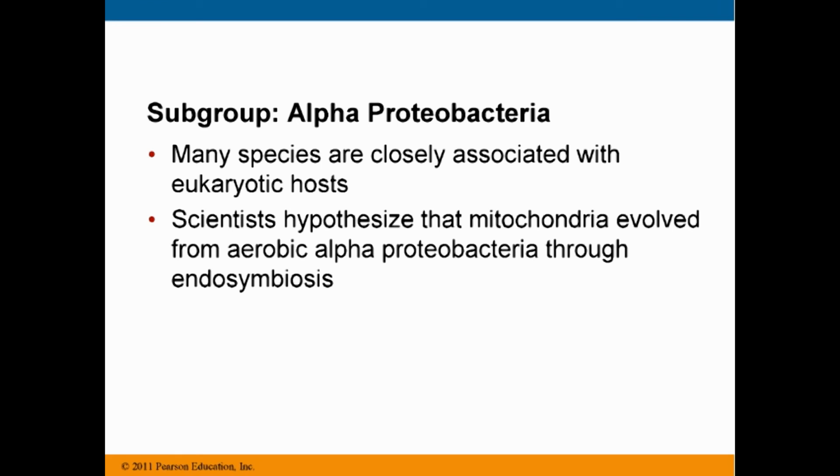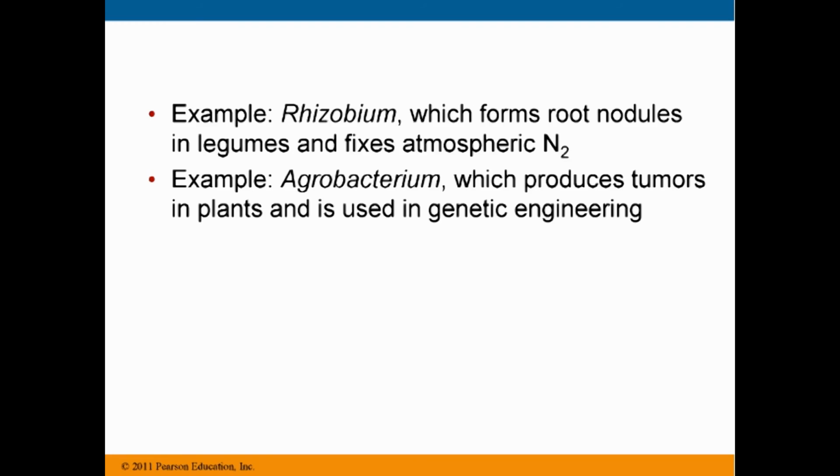The alpha proteobacteria, these are most closely related to eukaryotes. Examples are Rhizobium. Another example is Agrobacterium. Both of these help plants. Okay, so, well, kind of.